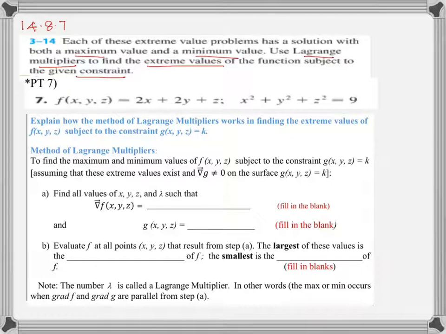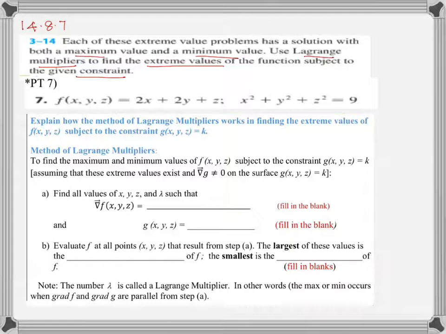Explain how the method of Lagrange multipliers works in finding the extreme values of f of x, y, z subject to the constraint g of x, y, z equal to k. Method of Lagrange multipliers: to find the maximum and minimum values of f of x, y, z subject to the constraint g of x, y, z equal to k, assume that these extreme values exist and the gradient of g, del g, is not equal to 0 on the surface g of x, y, z equal to k.